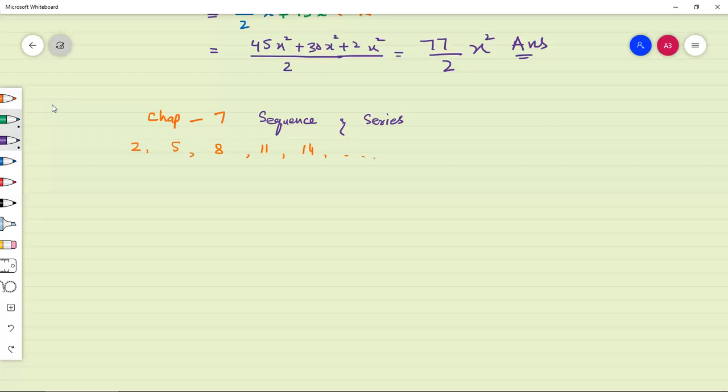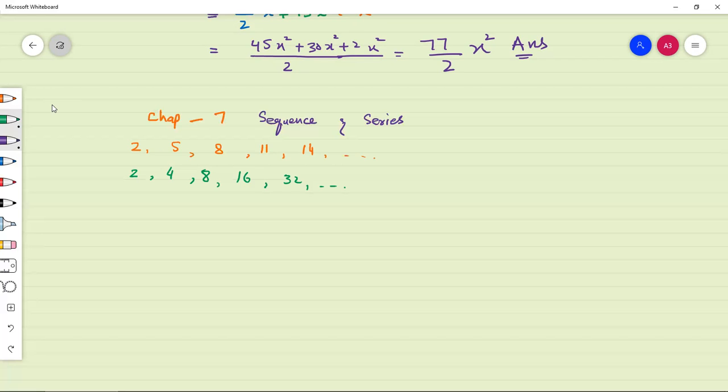Similarly, there are other types of sequence like 2, 4, 8, 16, and then 32. If you look at this, the next term is actually double the previous term: 2, 4, 8, 16, 32, and so on. So what is the common pattern that exists between these numbers?